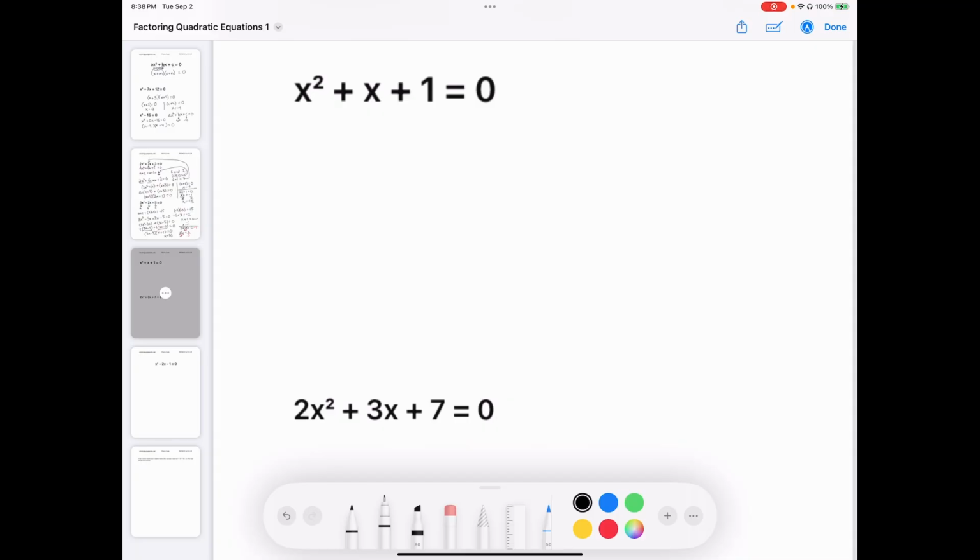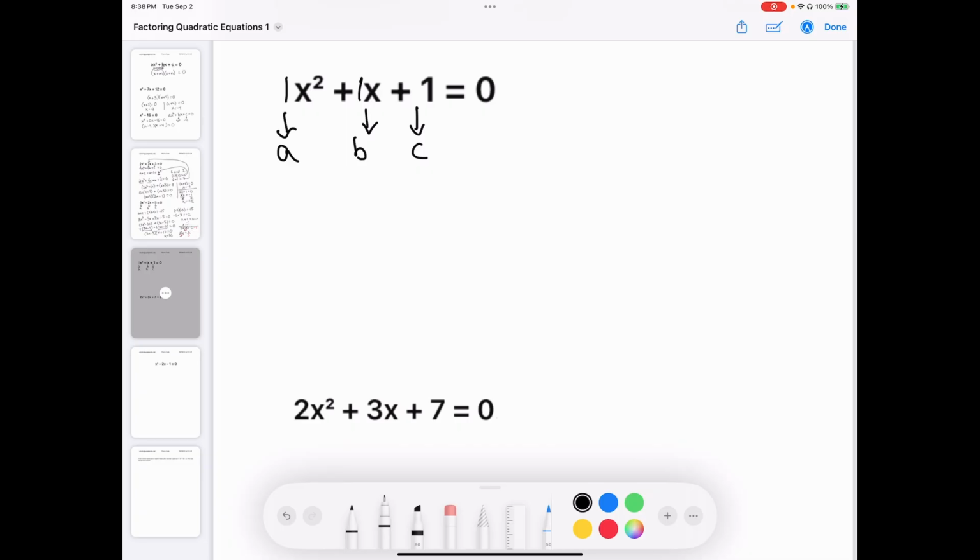So at first glance, you see a very deceitful, very simple looking quadratic equation. You think it's simple: x squared plus x plus 1 equals 0. In this case, our a is 1, our b is 1, and our c is 1.